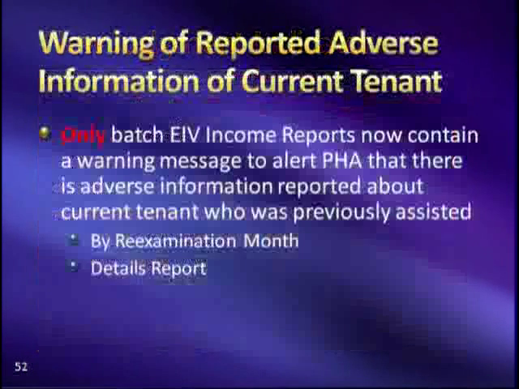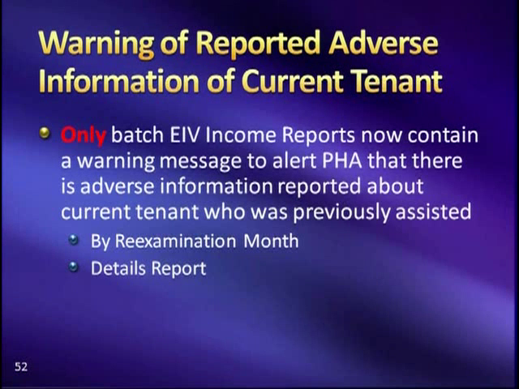Okay, this is my favorite one. Warning of reported adverse information of a current tenant. As of right now, this is only available if you pull income reports by batch, or by reexamination month, and it will alert you that there is adverse information reported for that family on the details report under the by reexamination batch.